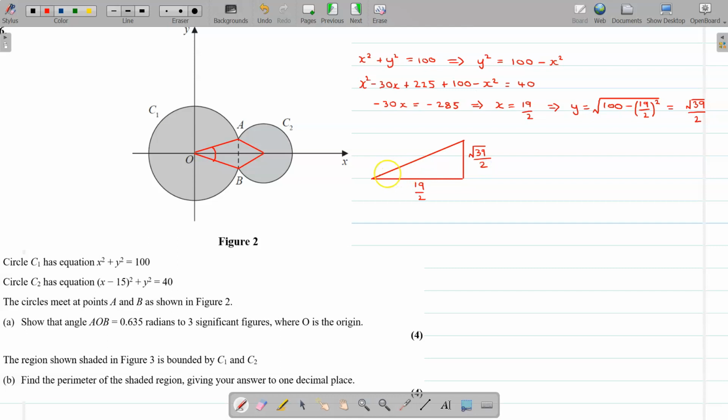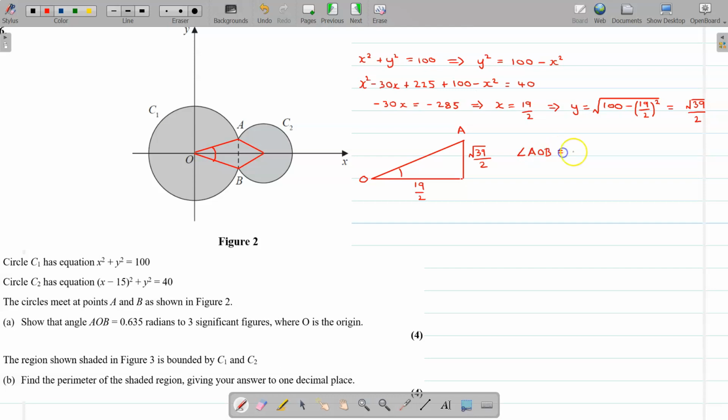This is the point O, this is the point A, and this horizontal line is the x-axis. So the tangent of that angle there is opposite over adjacent, which is root 39 over 19.